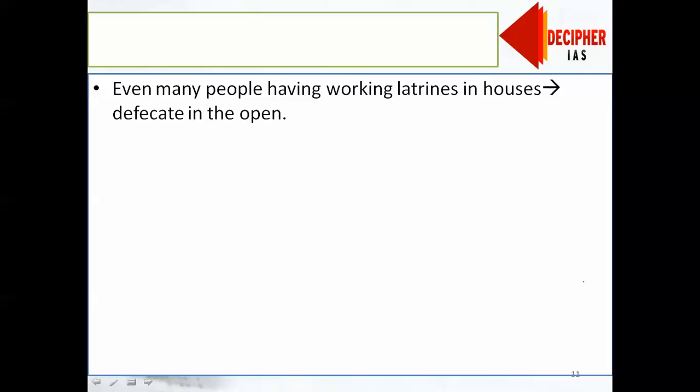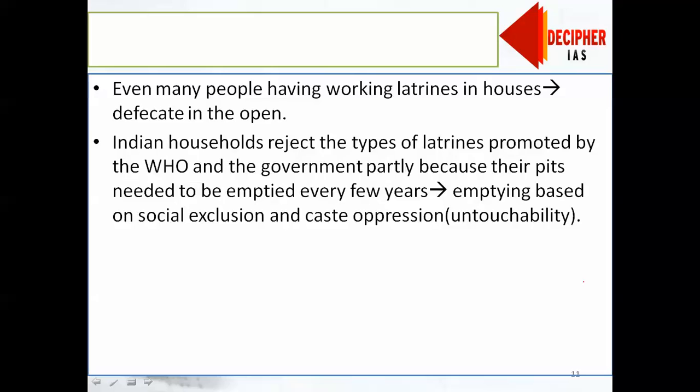Now, latrine pit emptying, which is routine in other countries, is substantially complicated by rural India's history of untouchability, that is, the work of disposing of human feces is associated with social exclusion and oppression.